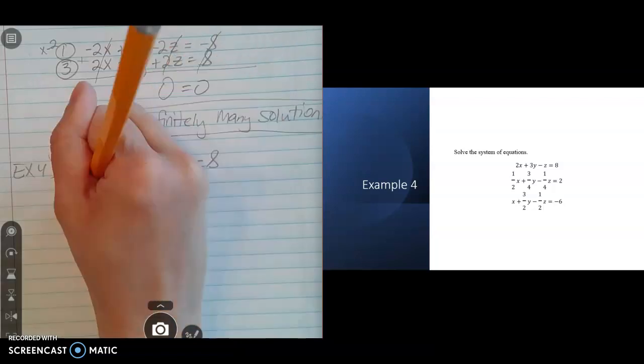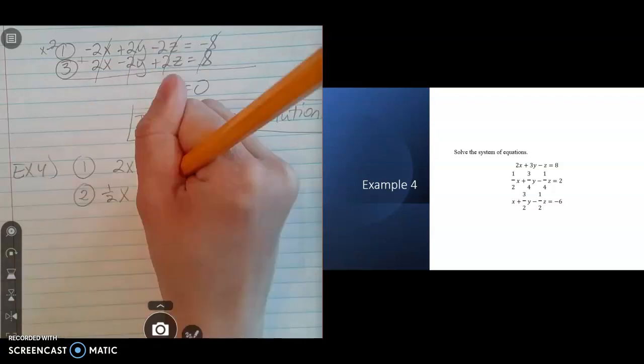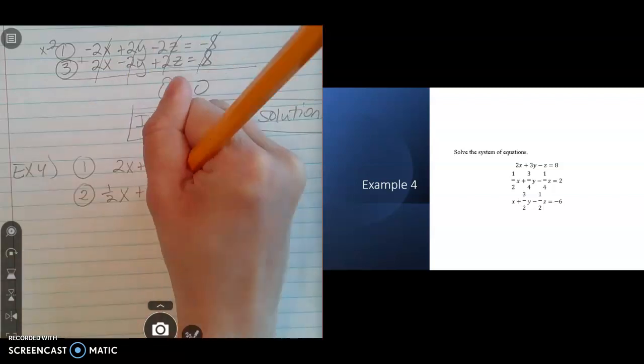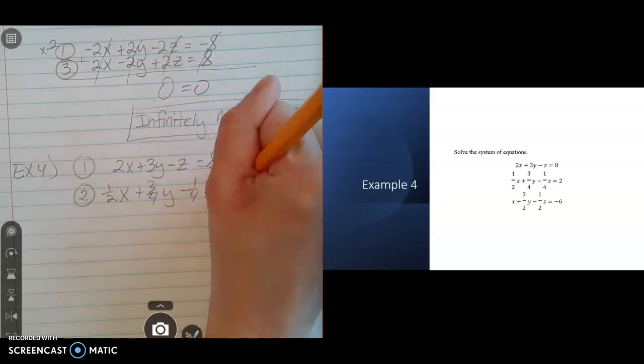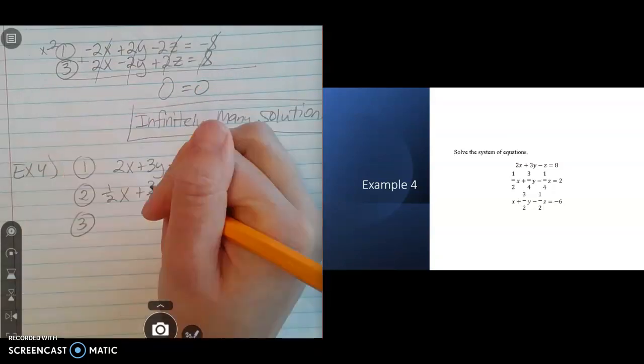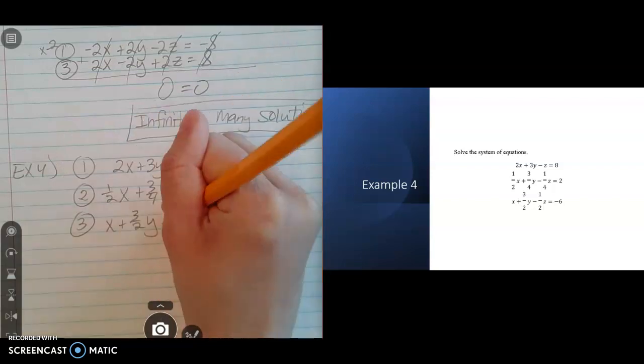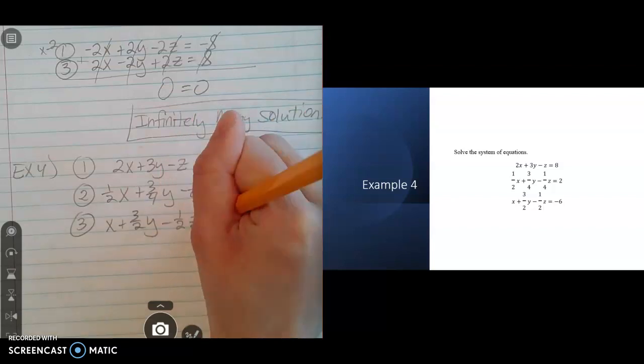My second equation is 1/2 x plus 3/4 y minus 1/4 z equals 2. My third equation is x plus 3/2 y minus 1/2 z equals negative 6.